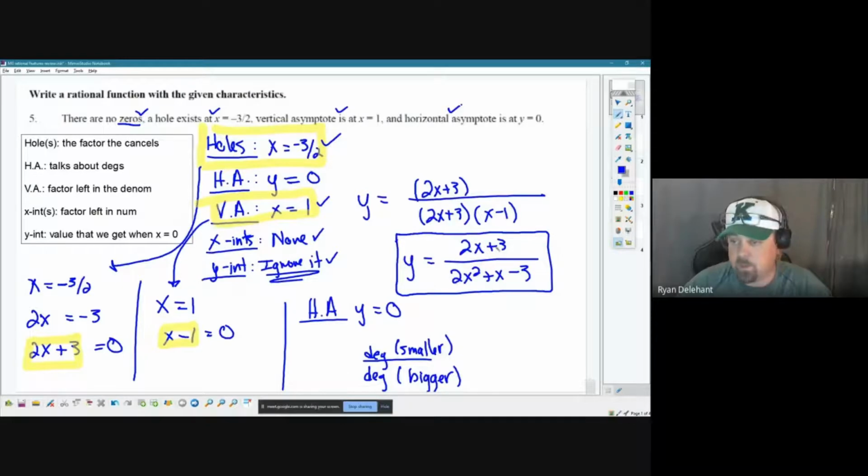Yes, it is. Top degree is 1. It's a first degree. Bottom degree is 2. So therefore, that's second degree. First is smaller. So that one works and checked off. And we've actually written an equation that satisfies the information that we have. Now, we didn't have to deal with the x-intercepts and stuff here yet because this one didn't have it.